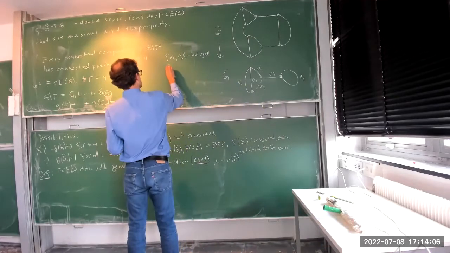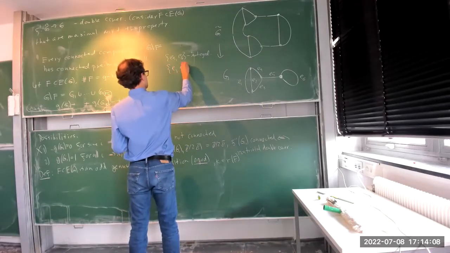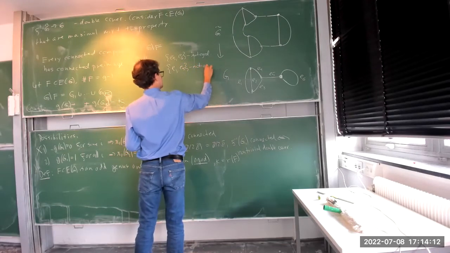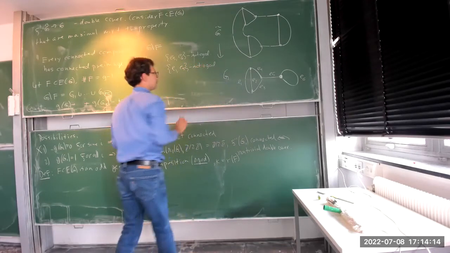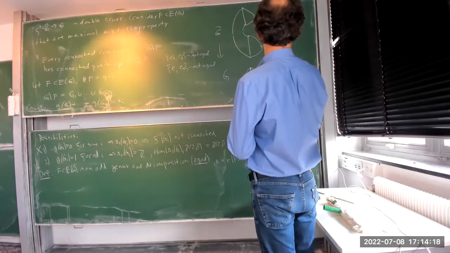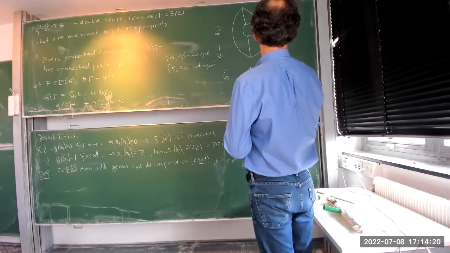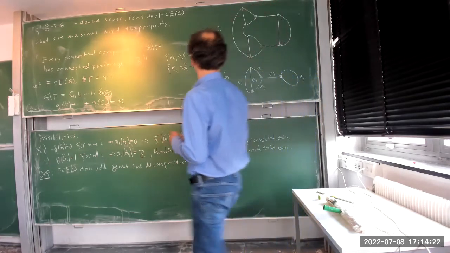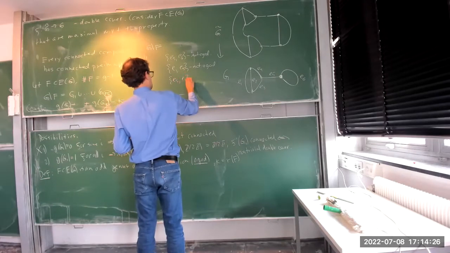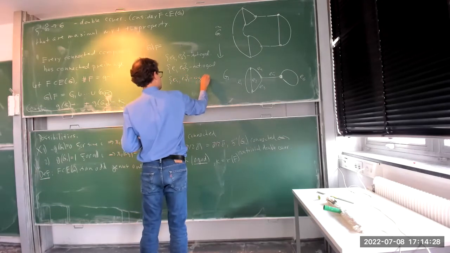So E1 and E5 is not an OGOD. But what is an OGOD? Well, for example, you can remove E5 and E4. So this is an OGOD.